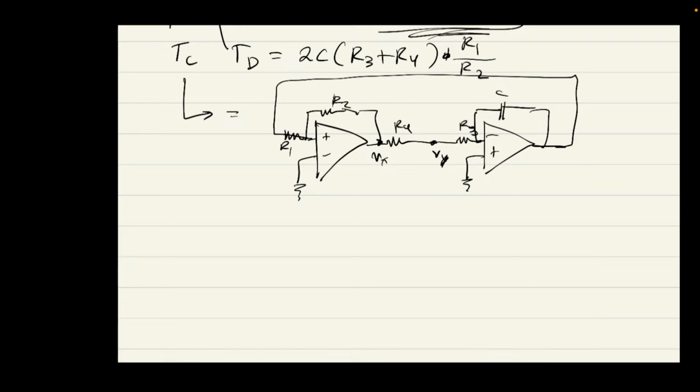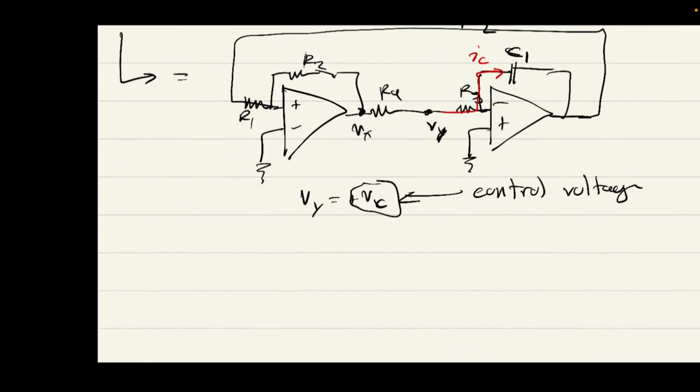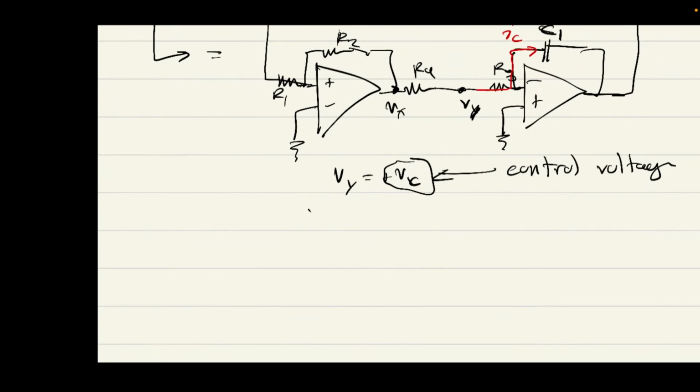Okay, so what we care about is the current going through the capacitor, IC, right? So now that we know that Vy is equal to positive Vc, where Vc, by the way, is the control voltage, not the capacitor voltage, I'm actually going to call this C1 just to differentiate them. So Vy is the control voltage, right? Okay, what is IC then? Can anyone give me an expression for IC?